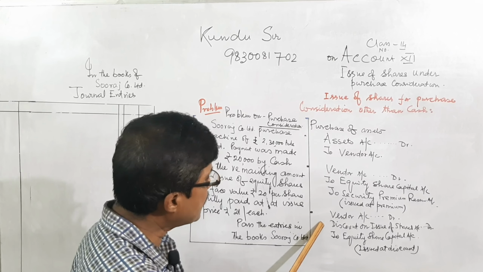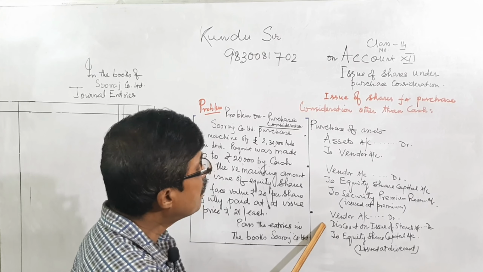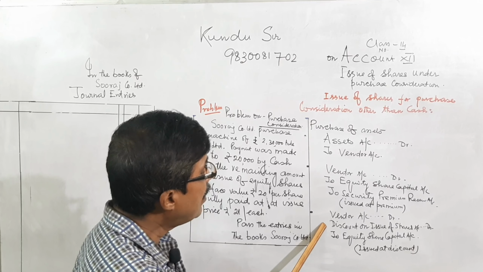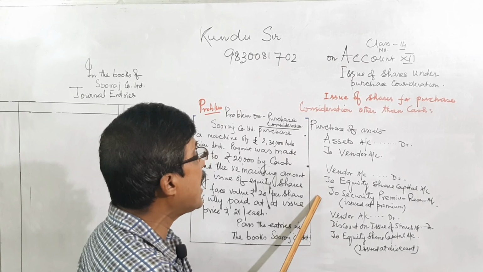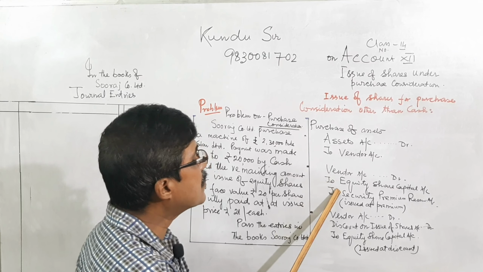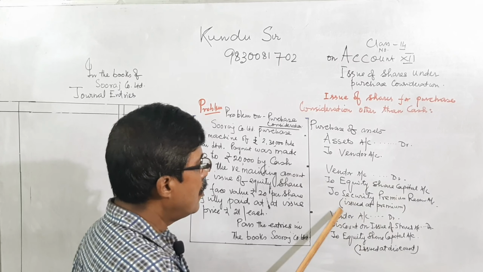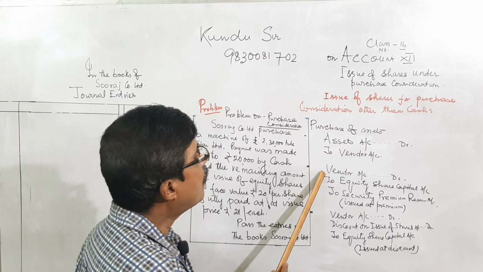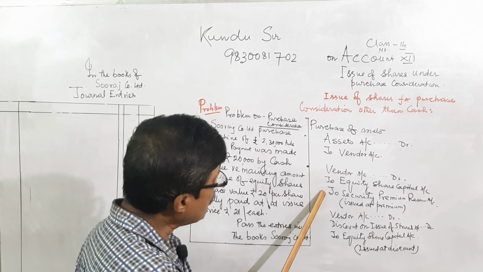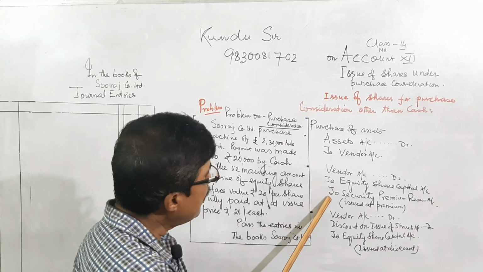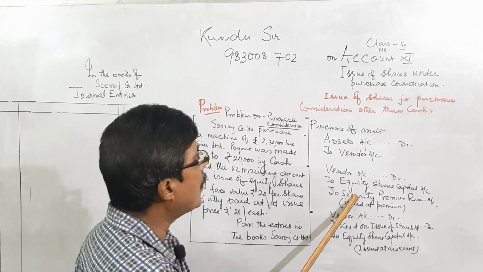At a discount price, that means the vendor is getting more shares as compared to if it is issued at par. In case of securities premium, when we are considering issuing shares at a premium, the number of shares will be less than if it is sold at the normal price.